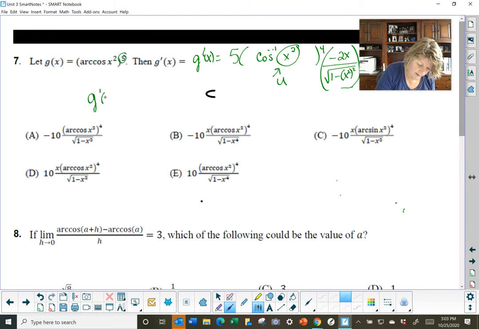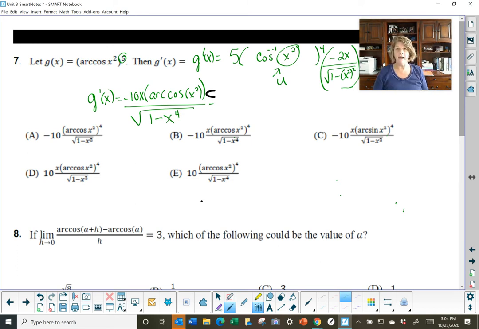G prime of x. You might be able to find the answer already. They used arc cosine of x squared multiplied by a negative. So I'll bring my negative out front. 5 times 2 gives me negative 10. X, bring all of that out front, over square root 1 minus x to the 4th. By now you've seen enough answers that you kind of know how people like to simplify and write them down.